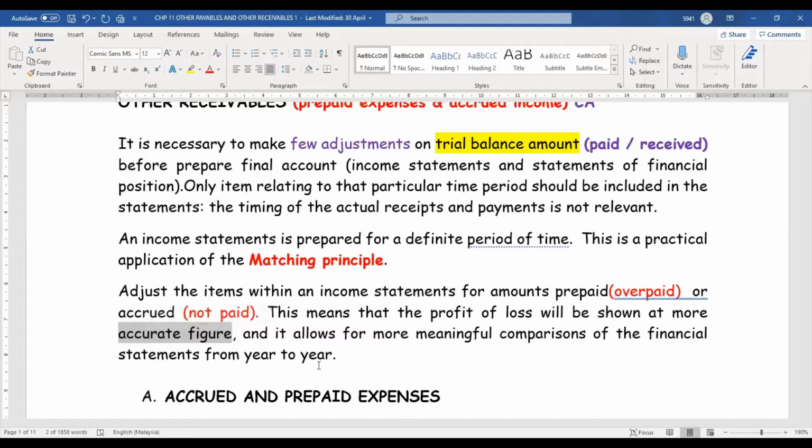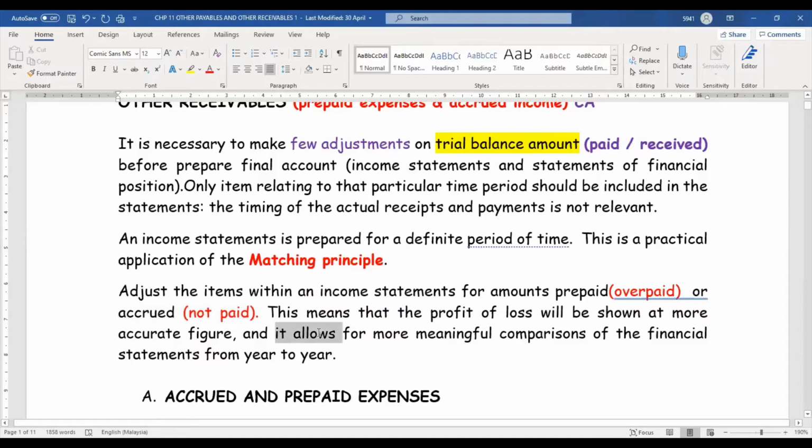Same goes for expenses. Sometimes we pay extra, prepaid, or we're supposed to pay but we didn't pay, accrued. All these things we need to adjust before we prepare the income statement. The amounts in the trial balance that we paid and received will be adjusted for prepaid, which is overpaid, and accrued, which is not paid.